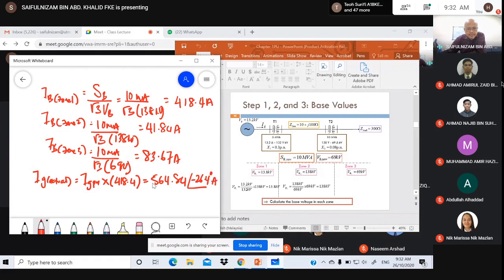Actual current is in ampere. Okay, and then IG actual is also equal to the I T1 primary, right?